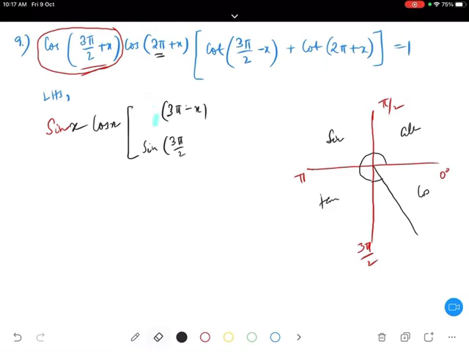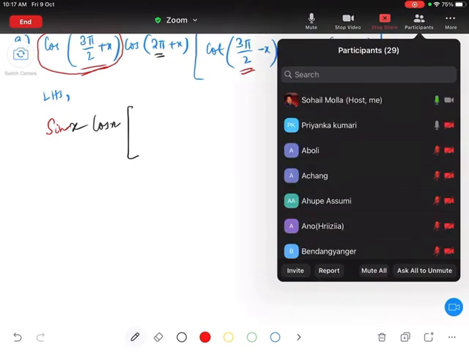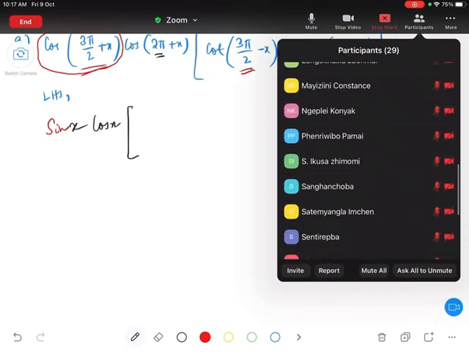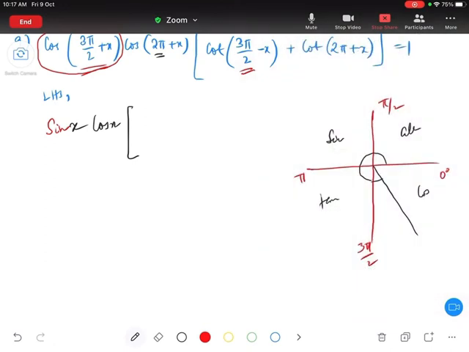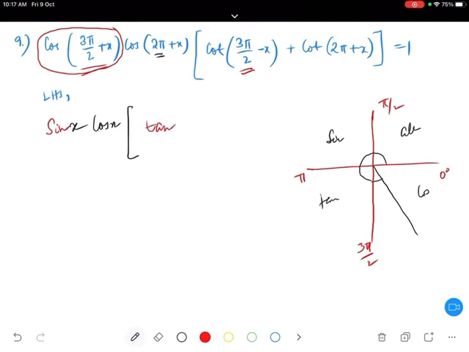Again you see it's an odd multiple of 90, and if it is an odd multiple of 90, cot will not remain cot. It will change into something else. Can anybody tell me what it will change into? Very good, it will change into tan.